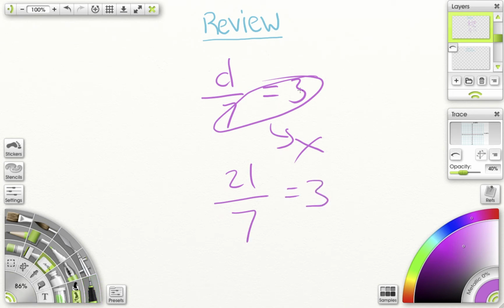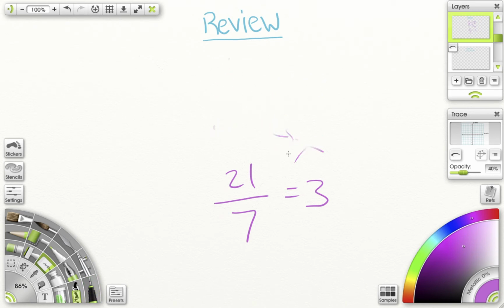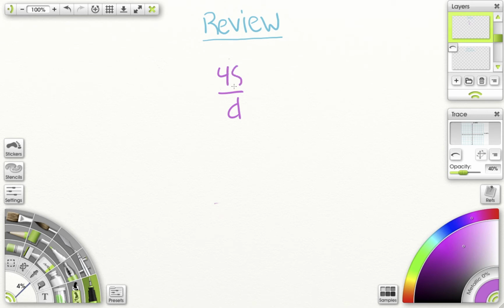And then we also talked about how if your variable is on the bottom, so let's try another number. If we have 48 divided by d is equal to 6, how do we figure that one out?